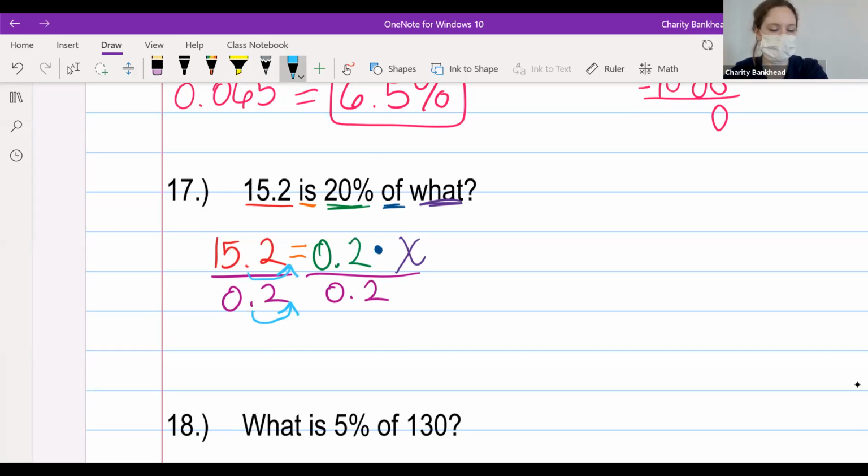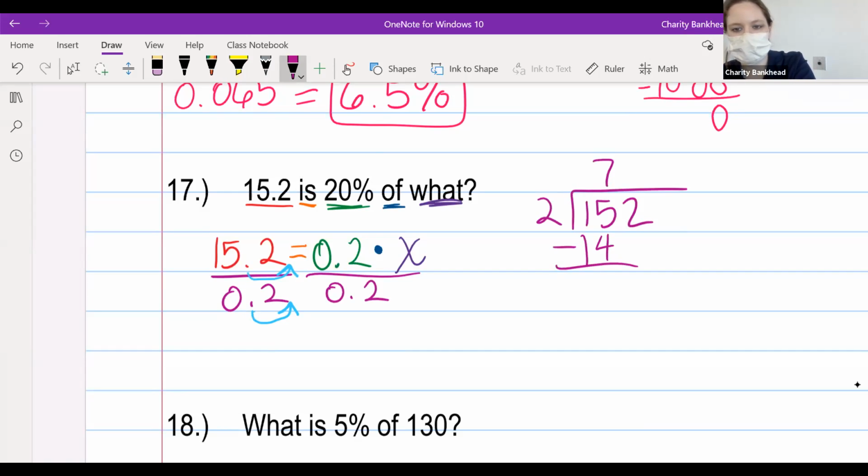So it's basically like 152 divided by 2. So 2 goes into 15 7 times. 7 times 2 is 14. 15 minus 14 is 1. Bring down the 2. And then 2 would go into 12 exactly 6 times. And so 76 is equal to X.